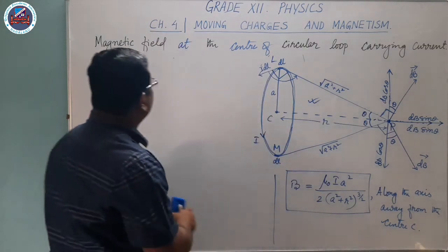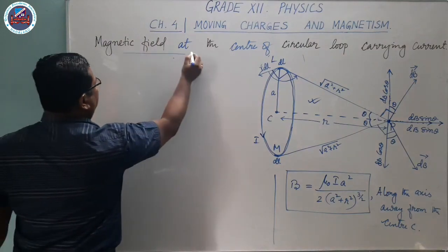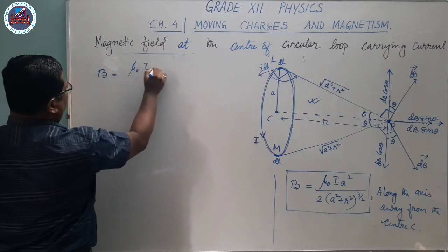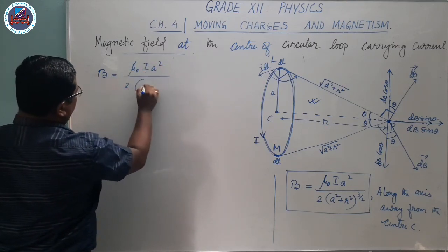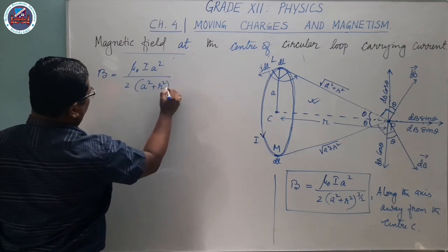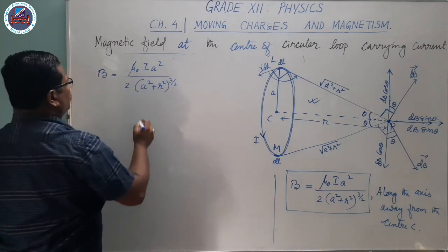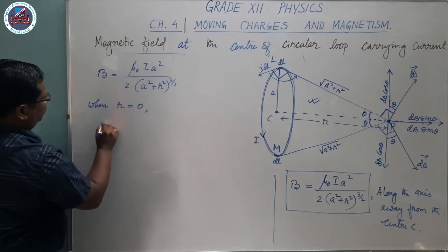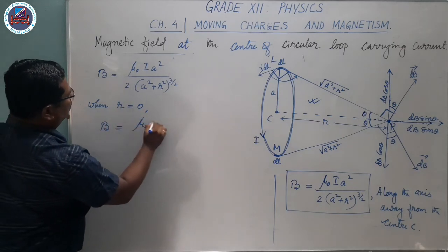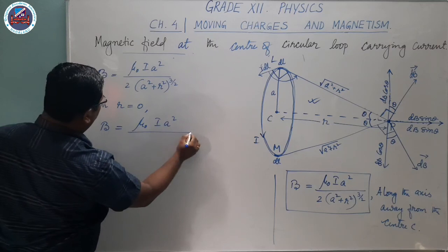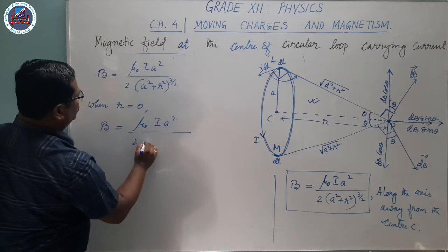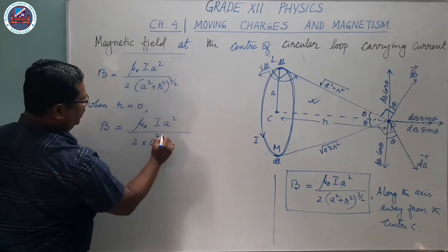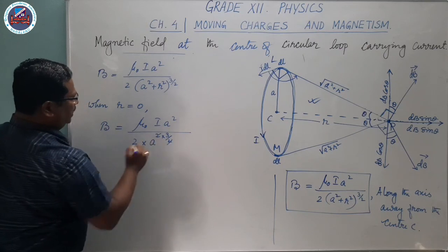You will get the expression for magnetic field at the center of the circular loop carrying current. So at the center you can find B is equal to, you can take the same expression, mu naught I A square divided by 2 times A square plus R square to the power 3 by 2. When R is equal to 0, B is equal to mu naught I A square divided by 2 into, this is 0, so A power 2 multiplied by 3 by 2, this 2 will get cancelled.